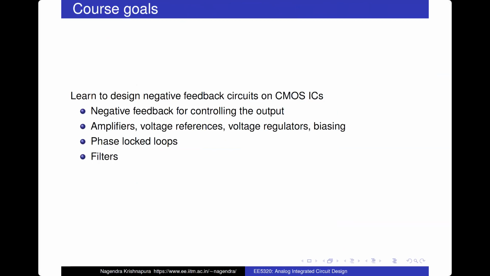There may be a main signal processing circuit with feedback, and within that there may be op amps, each with their own feedback, and each op amp is biased with its biasing circuitry, and the biasing circuitry may have its own feedback and so on. So feedback is used for accurate control of any quantity, and that's what we'll use it for also. And then you also have phase lock loops and filters. These we will get to if we have time. We'll see.